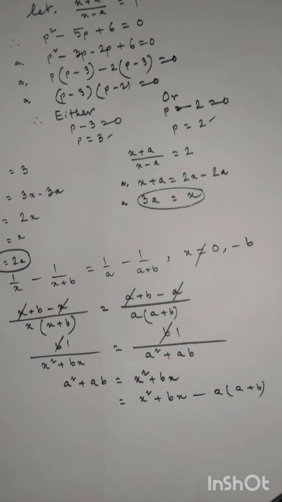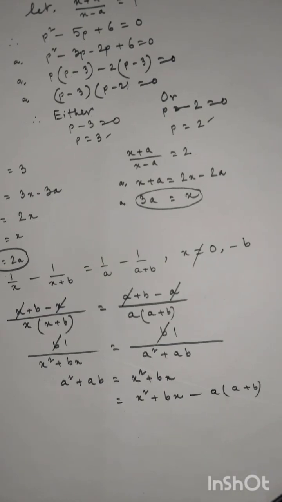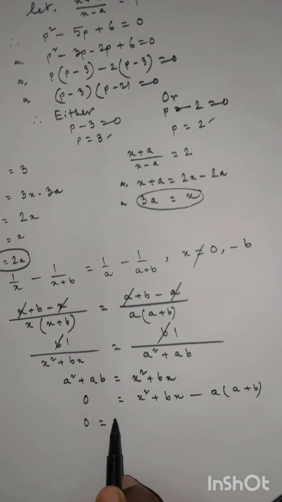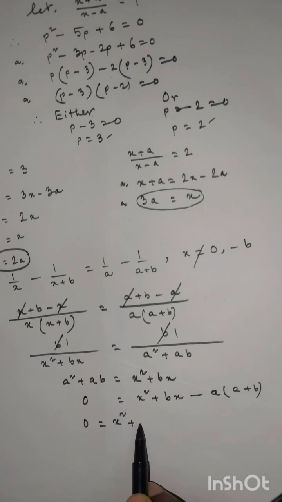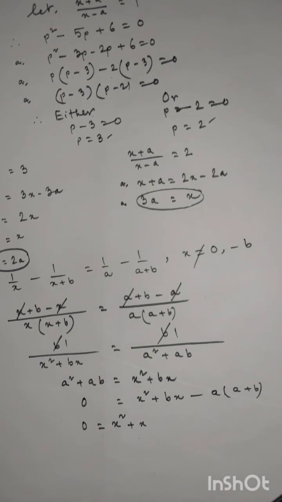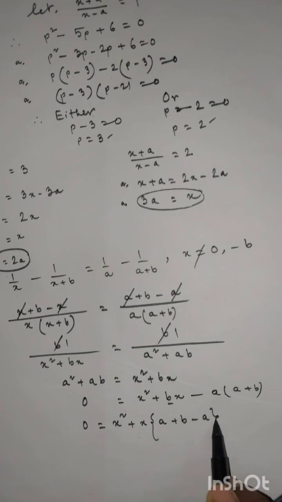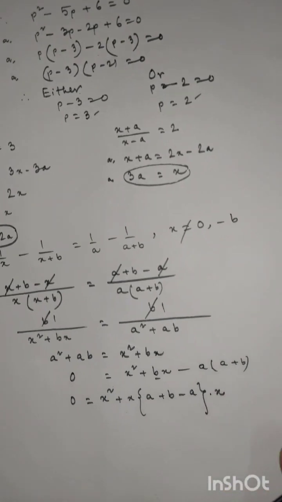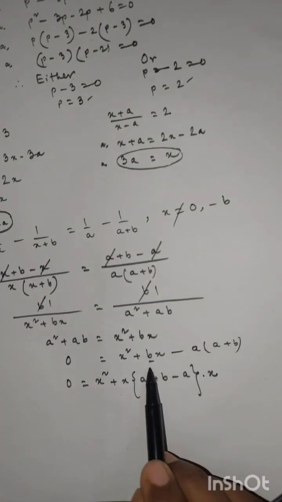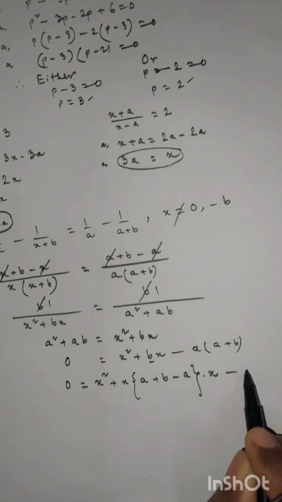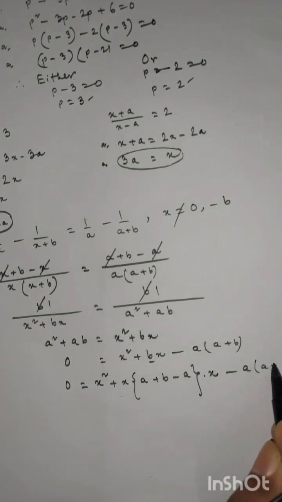Now if we break the middle term, we can write it as a plus b minus a into x. Okay, so bx and a plus b minus a into x both are same, minus a into a plus b.